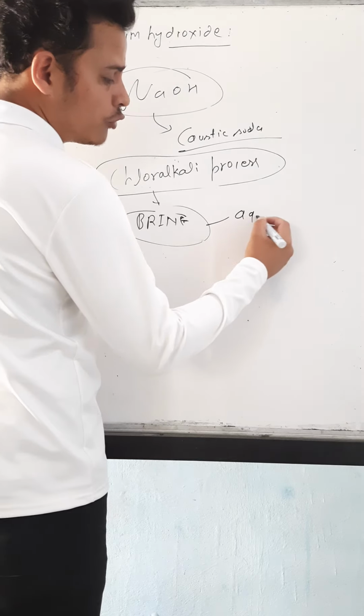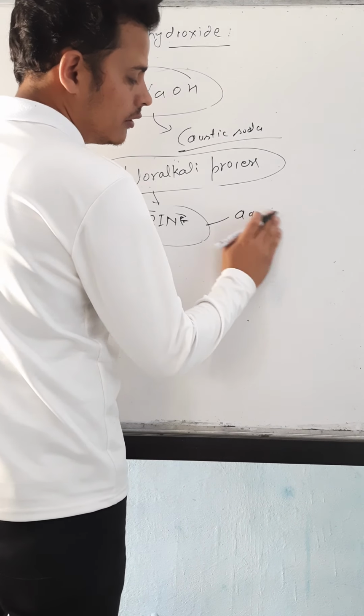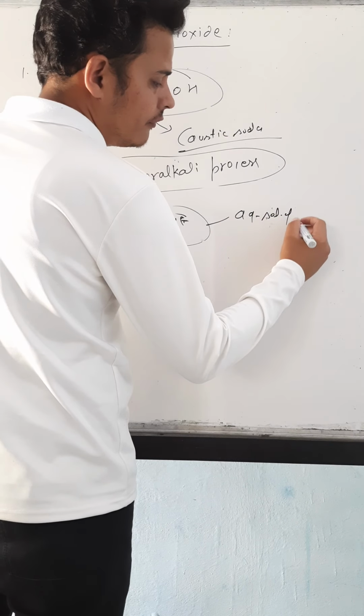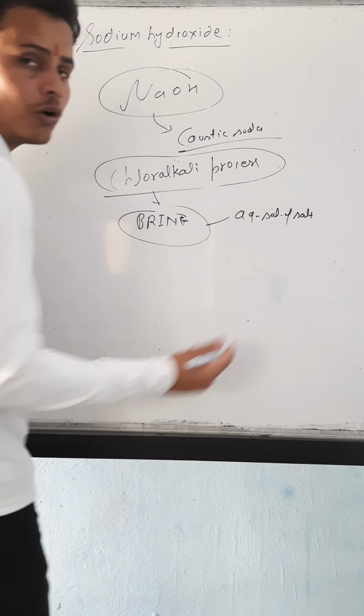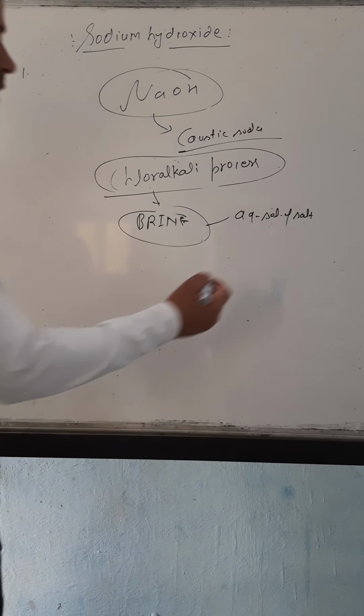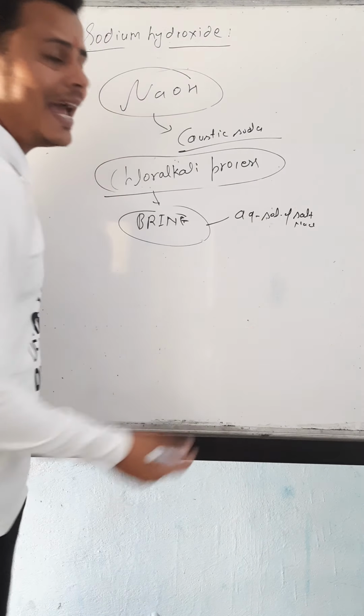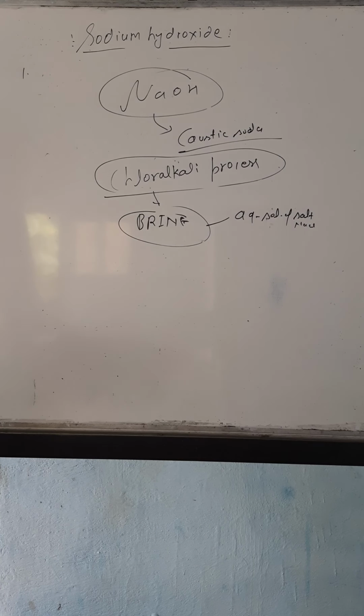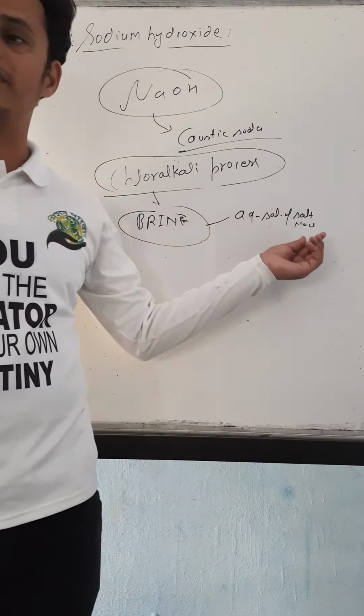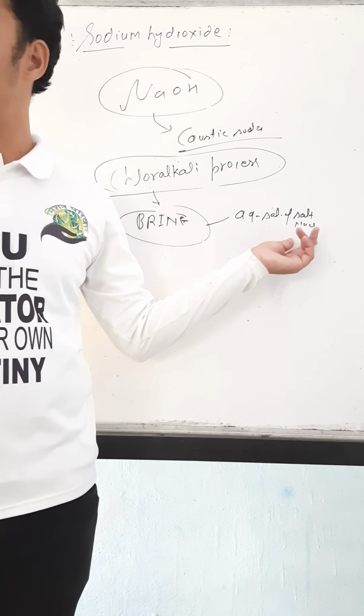Brine is the aqueous solution of salt. Salt means the common salt, NaCl. If you take the aqueous solution of common salt, it is known as brine. This can be asked: what is brine? Brine is the aqueous solution of common salt, that is NaCl.